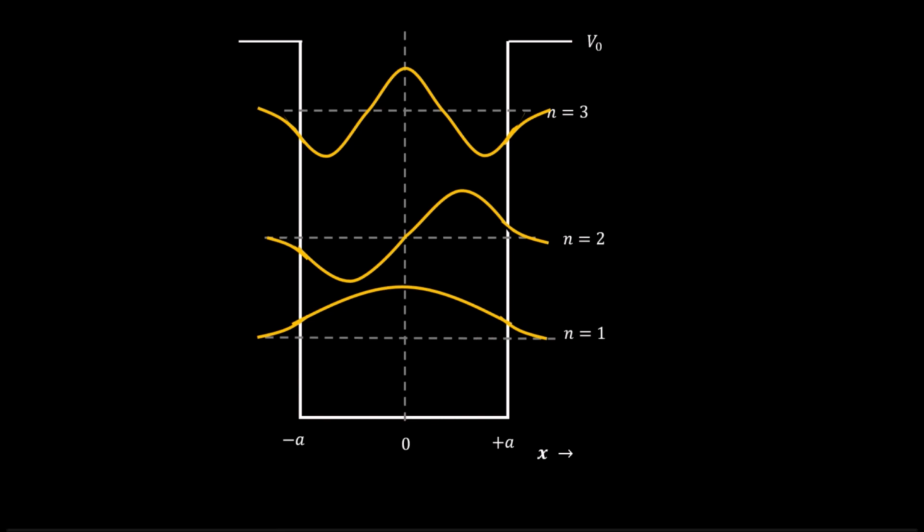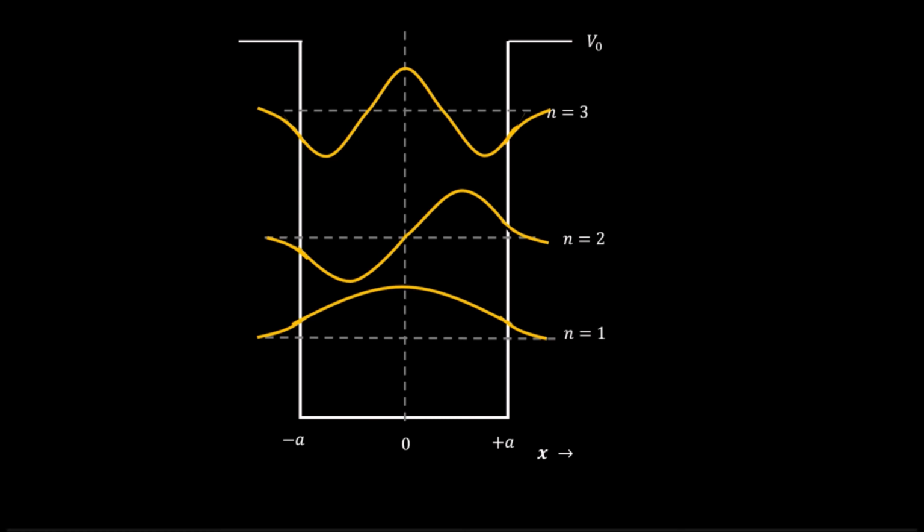The wave function in region 2 is similar to those in a potential well with infinite walls that we analyzed in the previous class. However, they have tails in regions 1 and 3. The points at x equal to plus a or minus a are the classical turning points for the well.